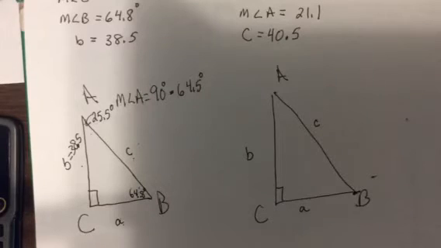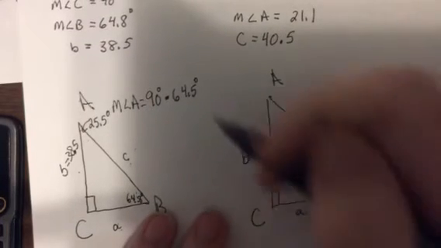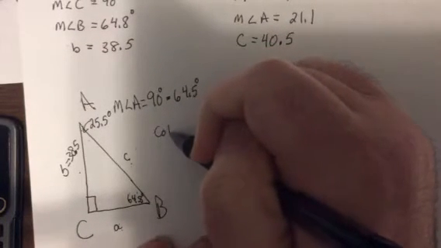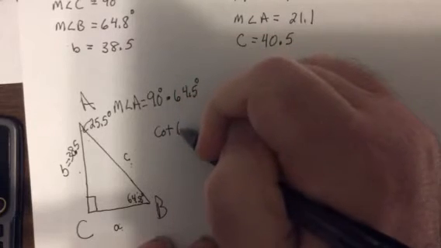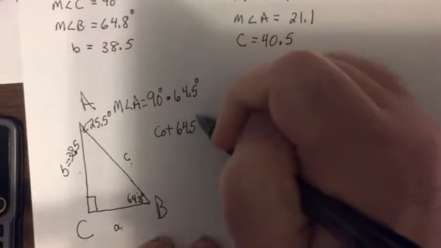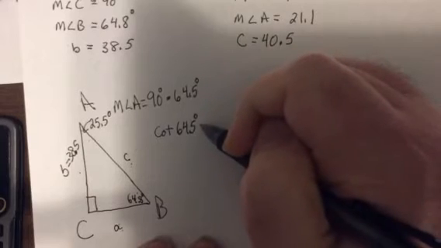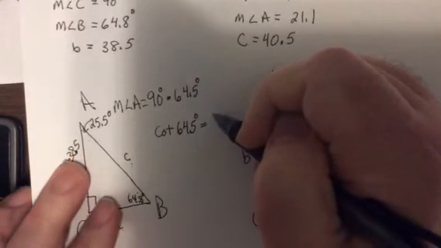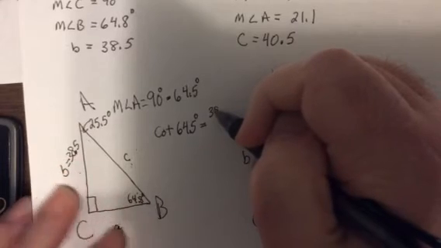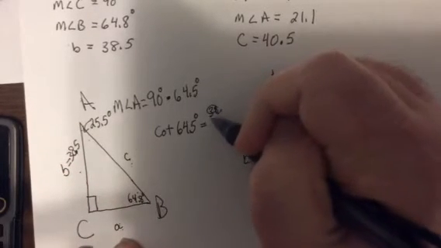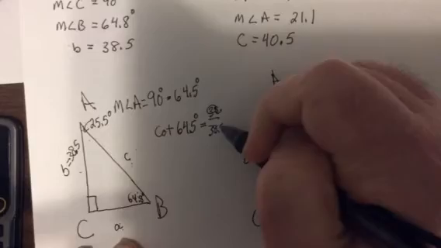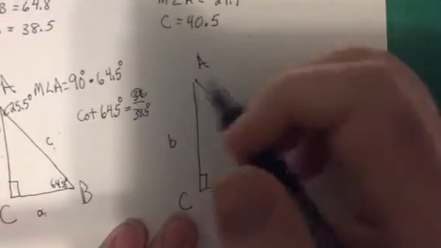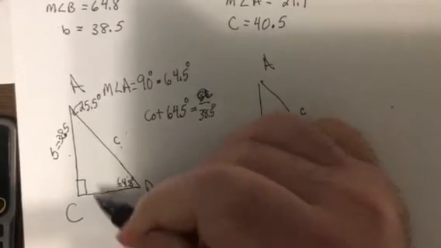Well, it'd be cotangent of 64.5 equals, oh, I messed up, equals A over 38.5, because cotangent's adjacent over opposite.